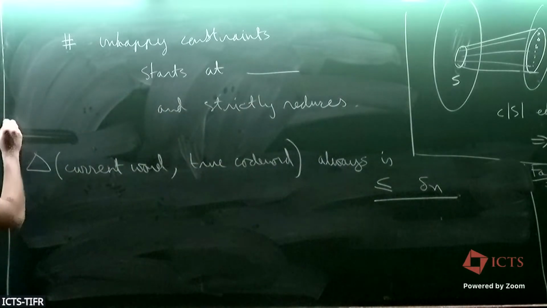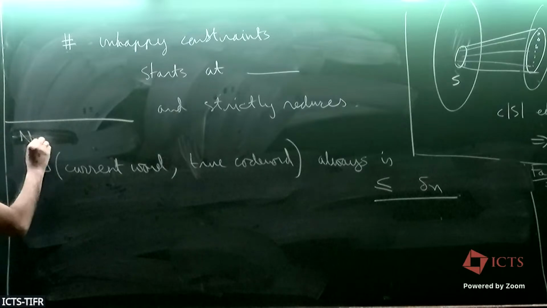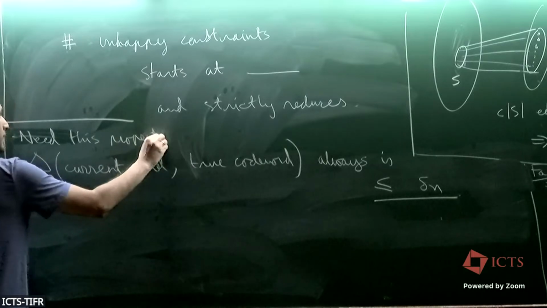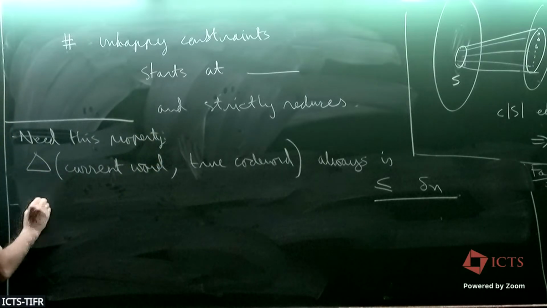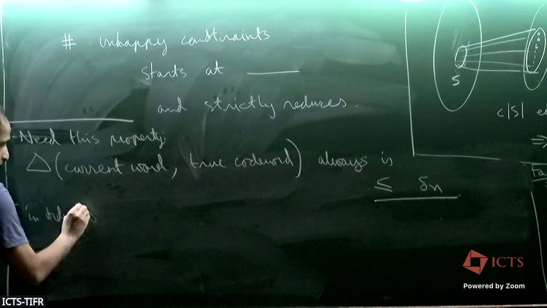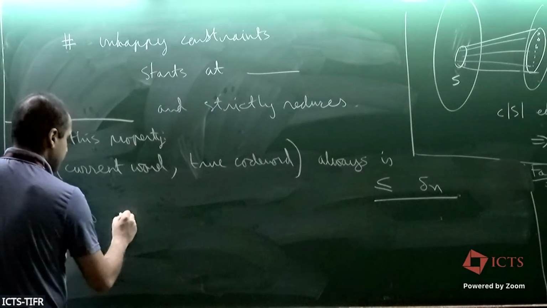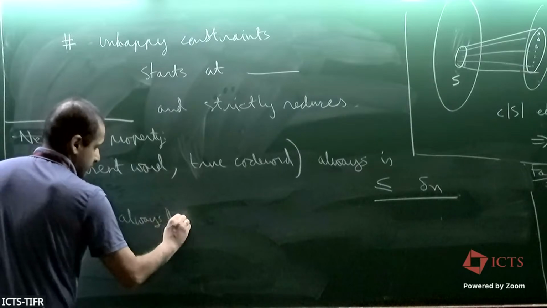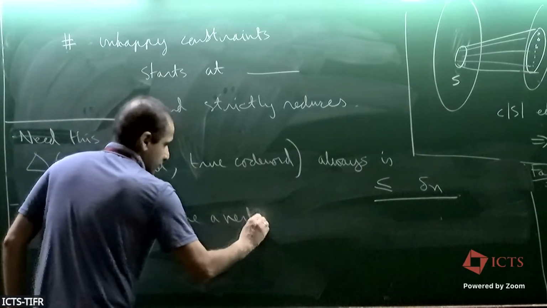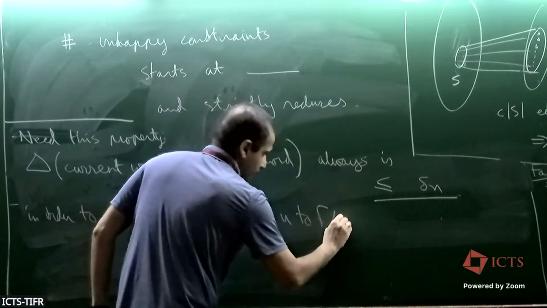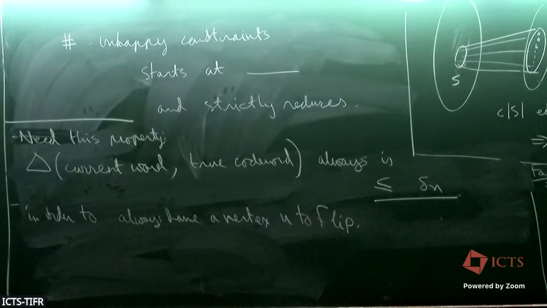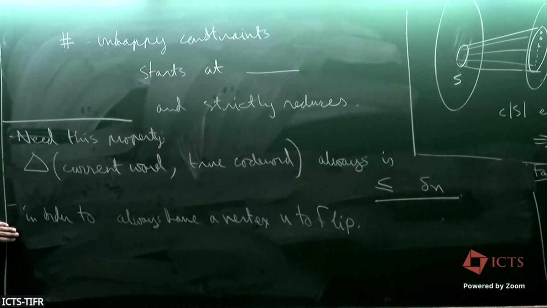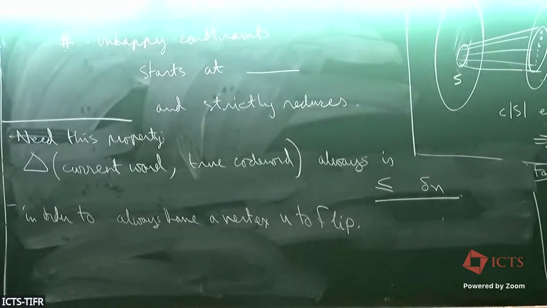We need to maintain this property in order to always have a vertex to flip. So what we have shown is that if this property holds, then we have a vertex to flip. I want to make sure this property always holds.